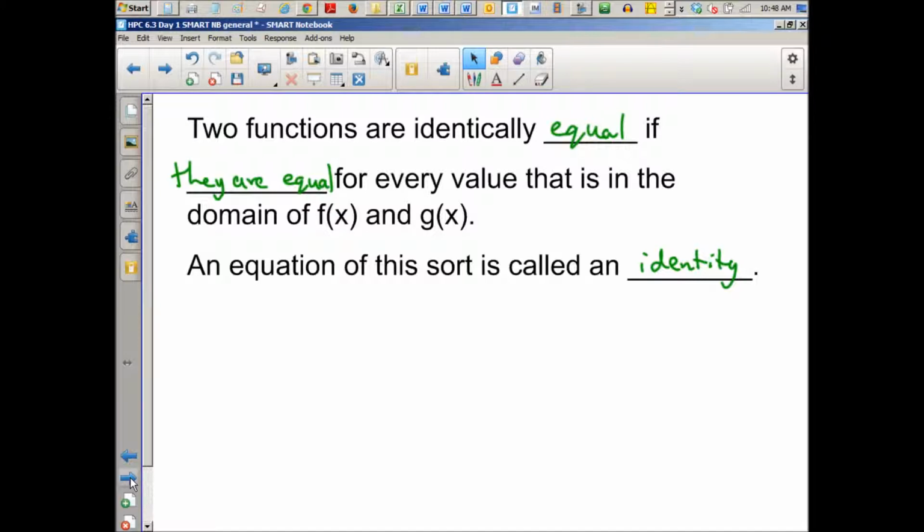Okay, so I'll read it one more time. Two functions are identically equal if they're equal for every value that is in the domain of f of x and g of x. An equation of this sort is called an identity.